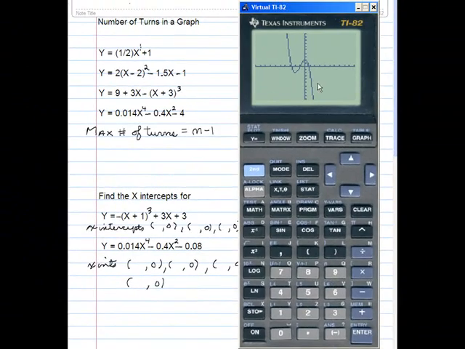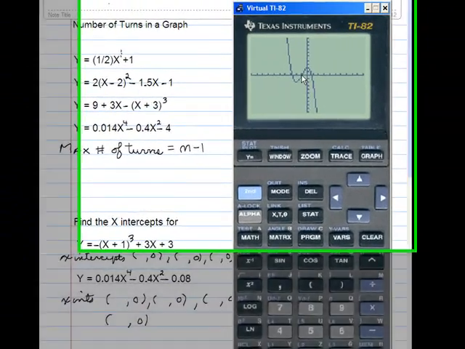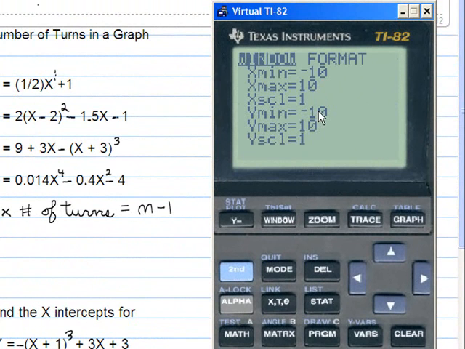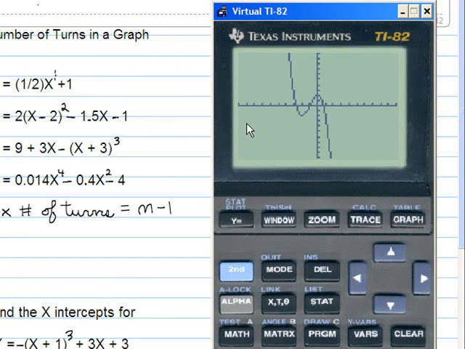And you can see that it has 3 x-intercepts, one here, and one here. Right now your window is negative 10 to 10 on the x-axis, and what that means is that this is negative 10 and this is positive 10. It was also negative 10 to 10 on the y-axis, so this is negative 10 and this is positive 10.